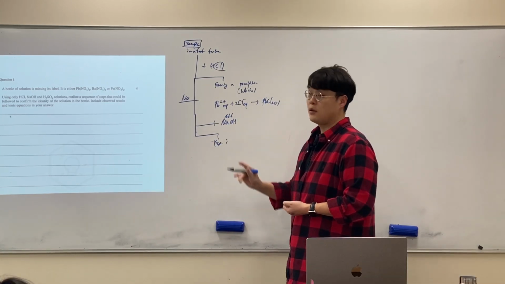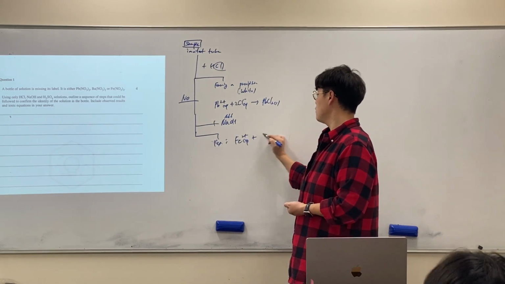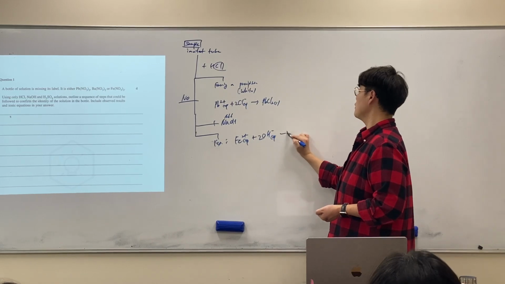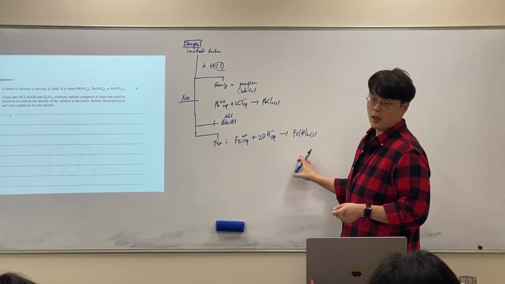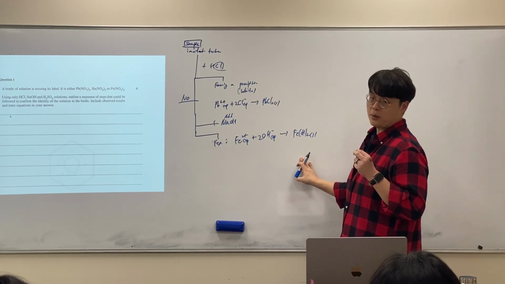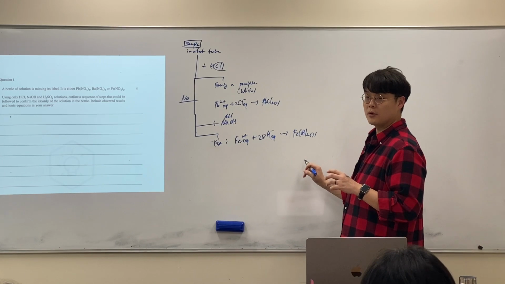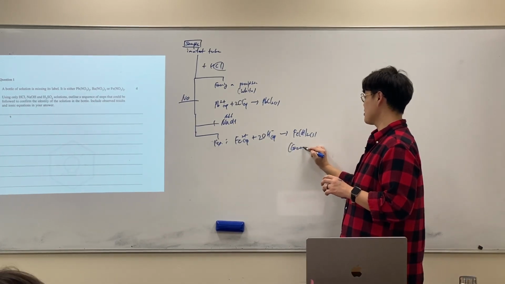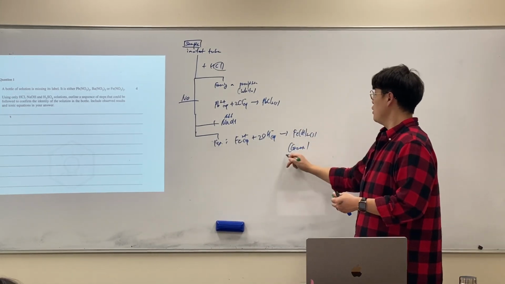Iron(II) aqueous forms a precipitate with the hydroxide ion, giving iron(II) hydroxide solid. What's the signature color of iron(II)? Green. So a green precipitate would be formed.